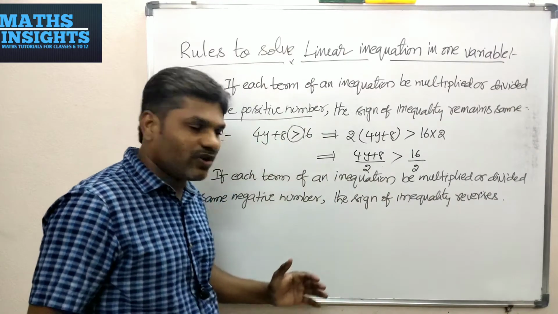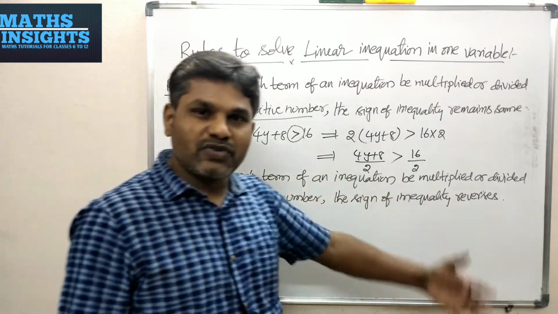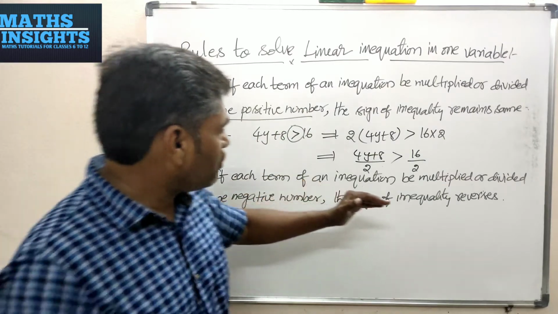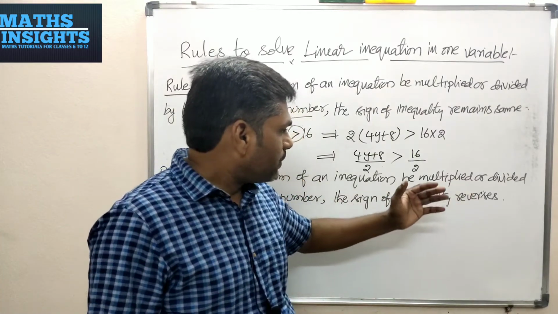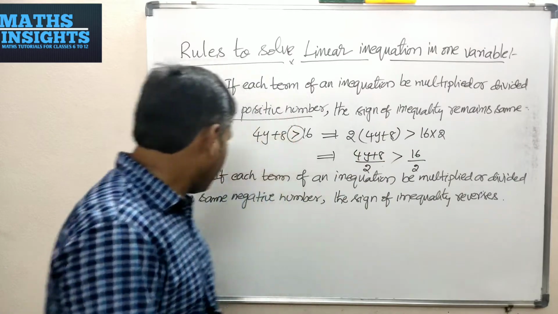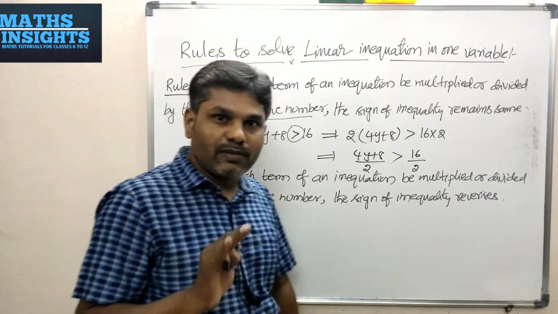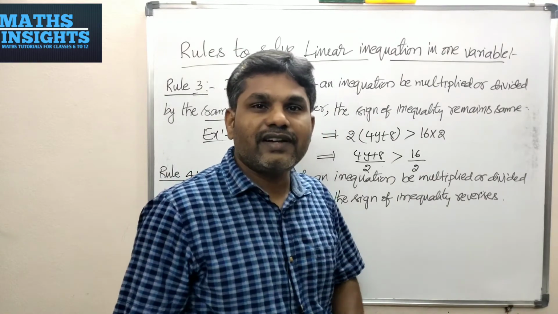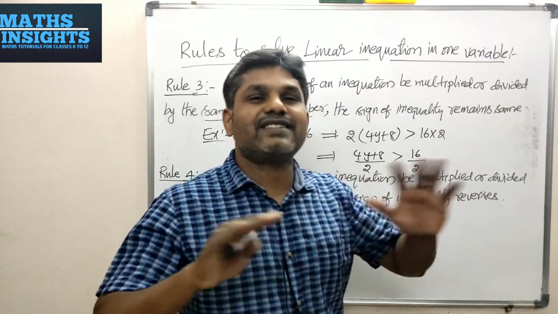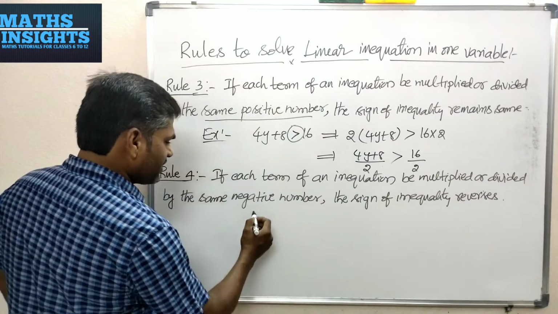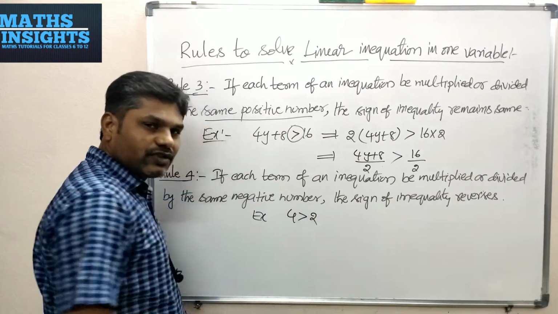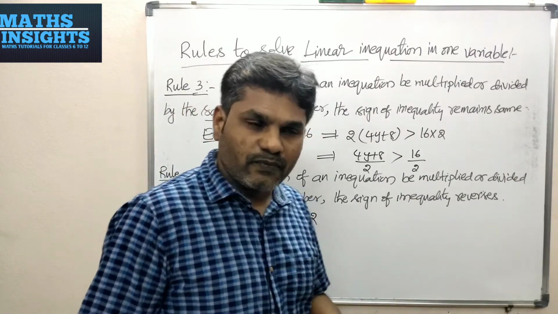But rule number 4, which is quite opposite to rule number 3, says that if each term of an inequation is multiplied or divided by the same negative number, be careful, negative number, the sign of inequality reverses. It will really change. For example, 4 is greater than 2. You know very well this is true.